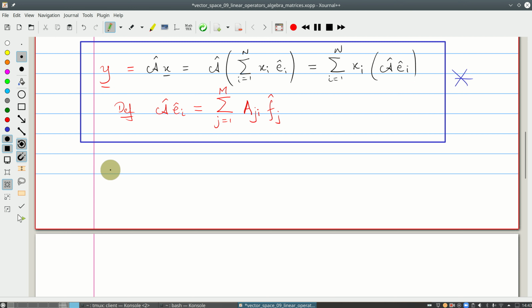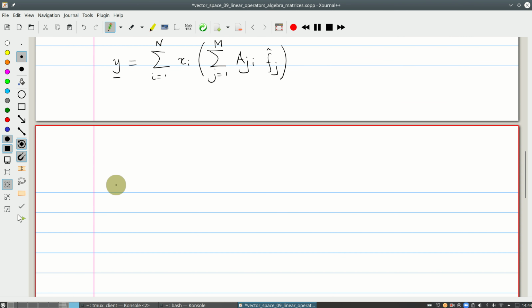So we have y is equal to this thing here. The sum i goes from 1 to n, xi, and then we have this thing in here which is given by this sum. So I'll put a parenthesis, and now we have another sum. j goes from 1 to m, a ji Fj hat, close parenthesis.